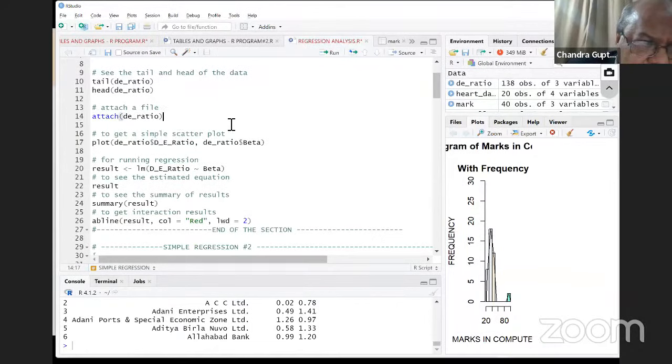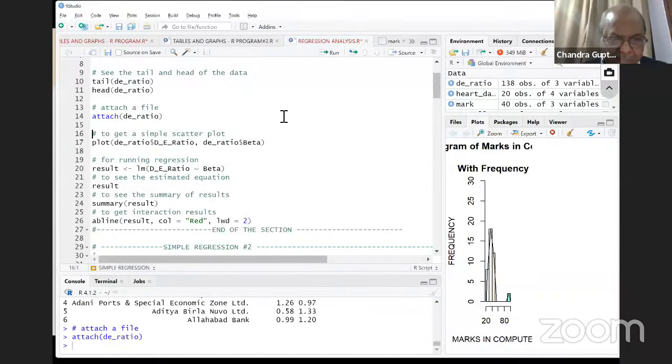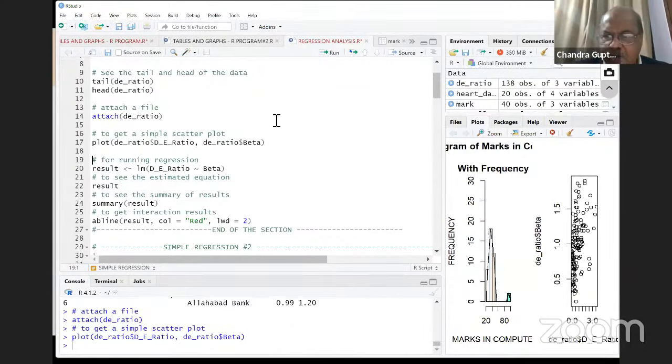Then I hope you remember what was the function of attach. When you attach the data with which you are working, then you need not refer to it again and again. Okay, you can make a plot of it. Plot means scatter plot.